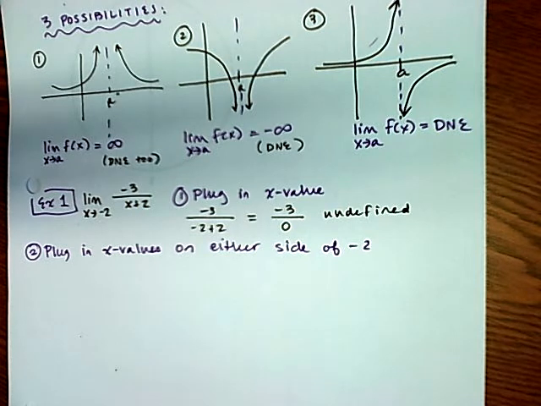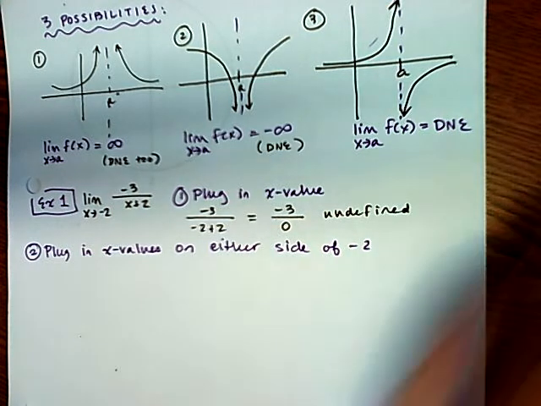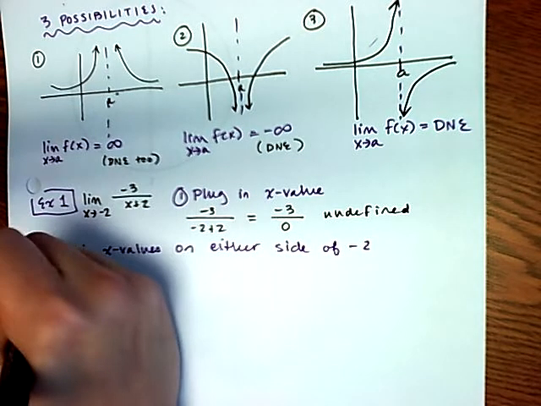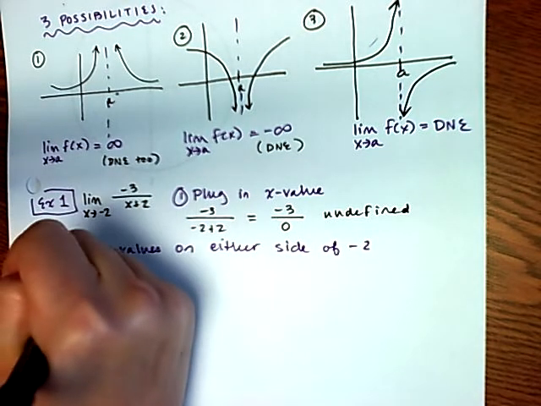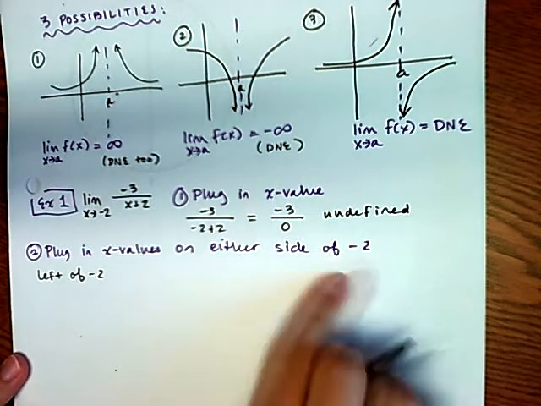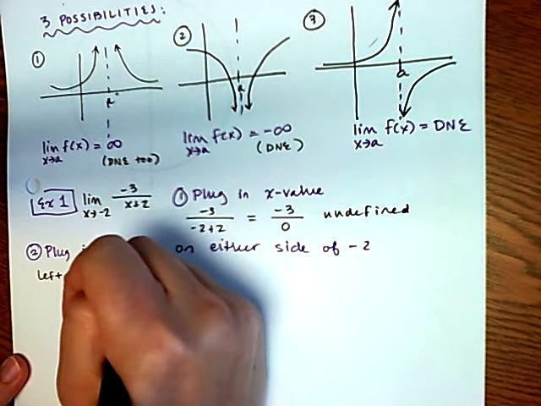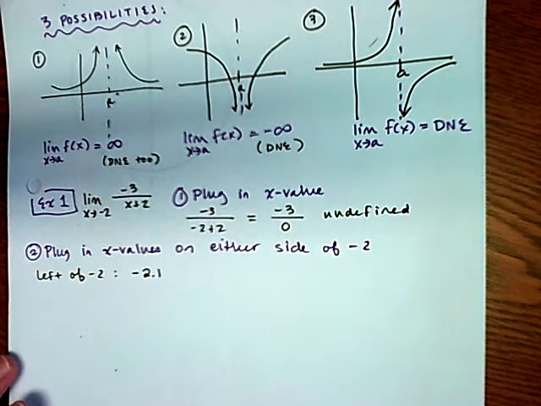We want something close enough to that x value, so we're basically going to move a tenth of a point over to the left and a tenth of a point over to the right. Left of -2 means subtracting 0.1 from -2. That becomes -2.1, a point just to the left of -2.